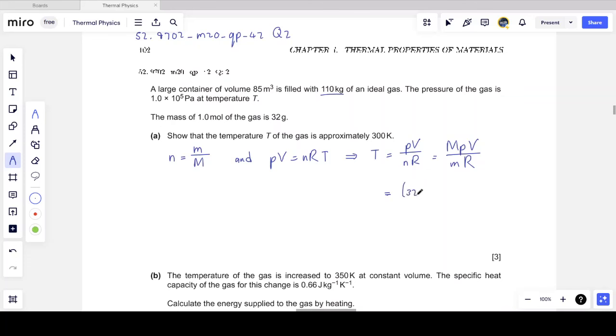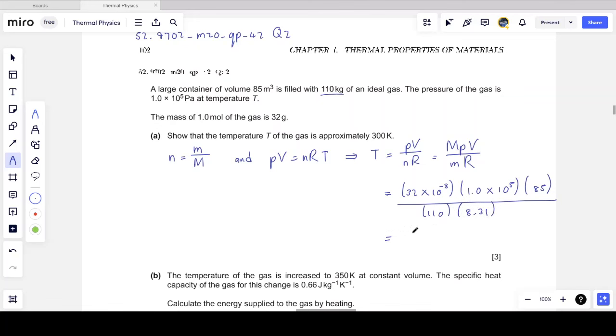So the molar mass is 32 grams, which is 32 times 10 to the minus 3 kg, multiplied by the pressure, which is already in SI units, 1 times 10 to the power 5 pascals, multiplied by the volume, also in SI units, 85 cubic meters, divided by the mass of the substance I have, which is 110 kilograms, times the gas constant 8.31.